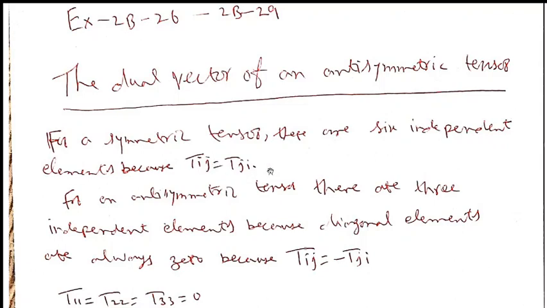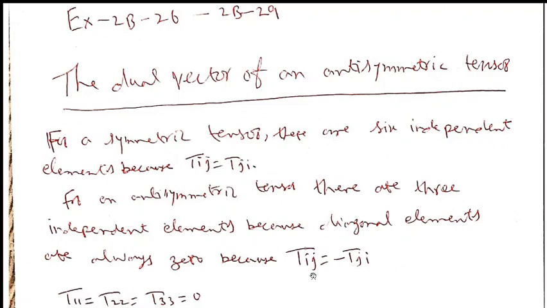If we look at the anti-symmetric tensor, then it will have 3 independent components. How? You can see with the help of this equation, Tij equals minus Tji.